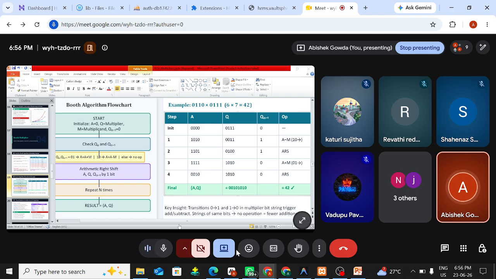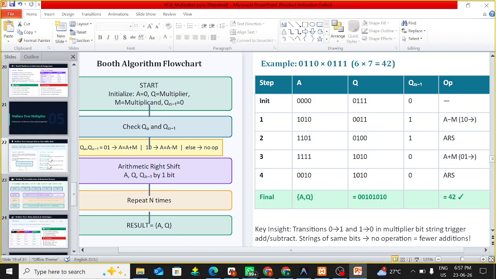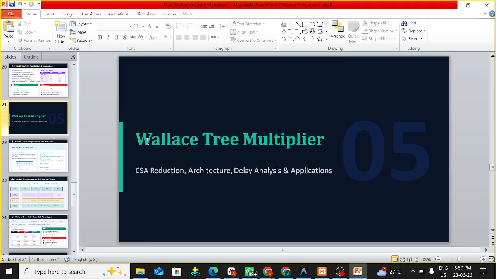So next I'm going to continue with the Wallace tree multiplier. Students, we have already seen the array multiplier and the Booth multiplier.